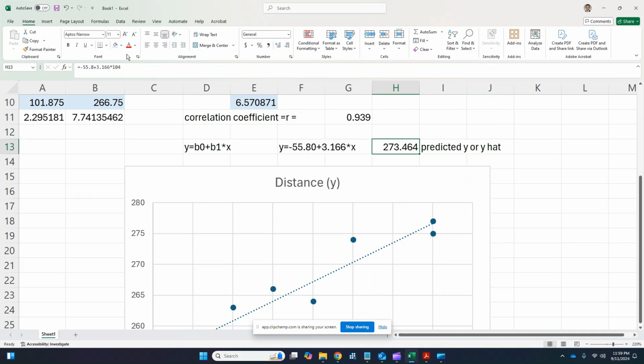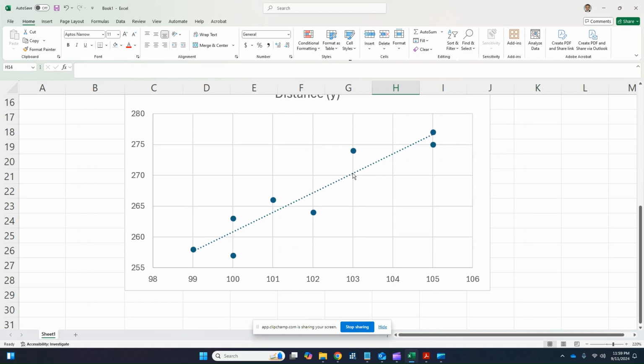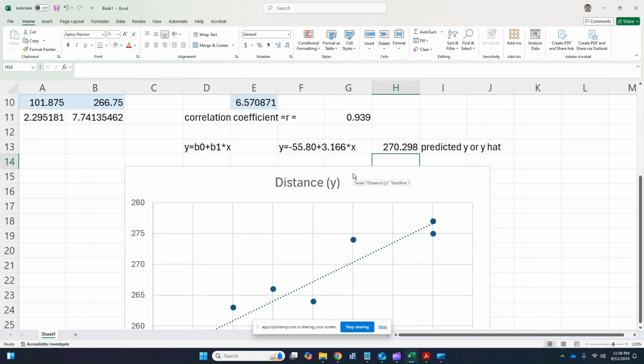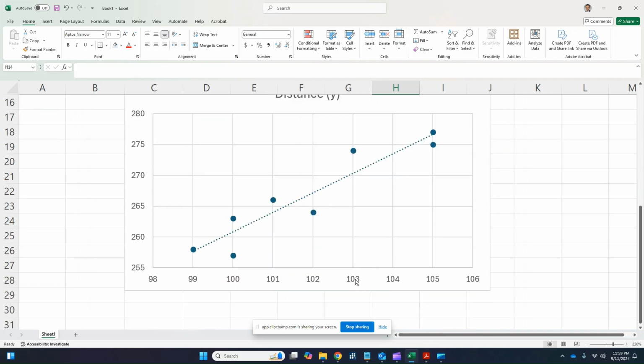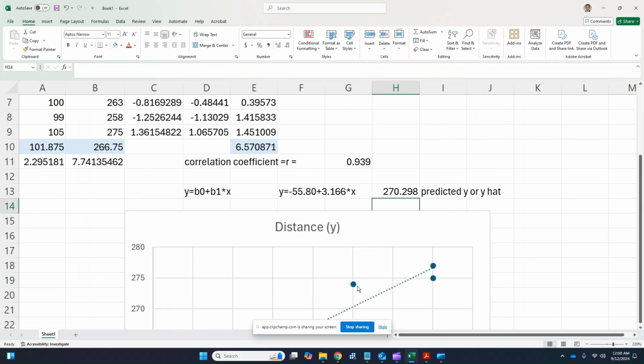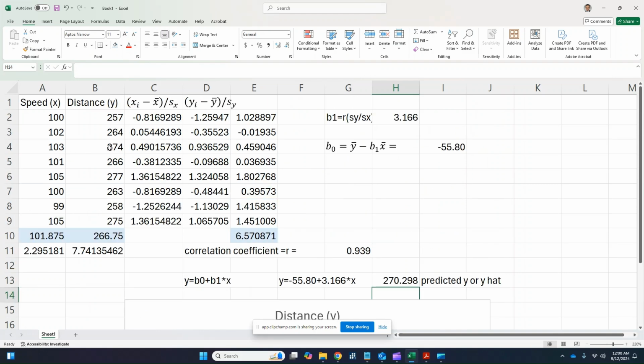What if we use 103? If we use 103 here, we're getting the value of this point on this line. So 270.29. Notice that there is a gap in our prediction, and that's because there's a gap between the actual number and the number we received from this equation, which is going to give us the point on this line. So the true value of y for x equals 103 is, from here we can check, 274.